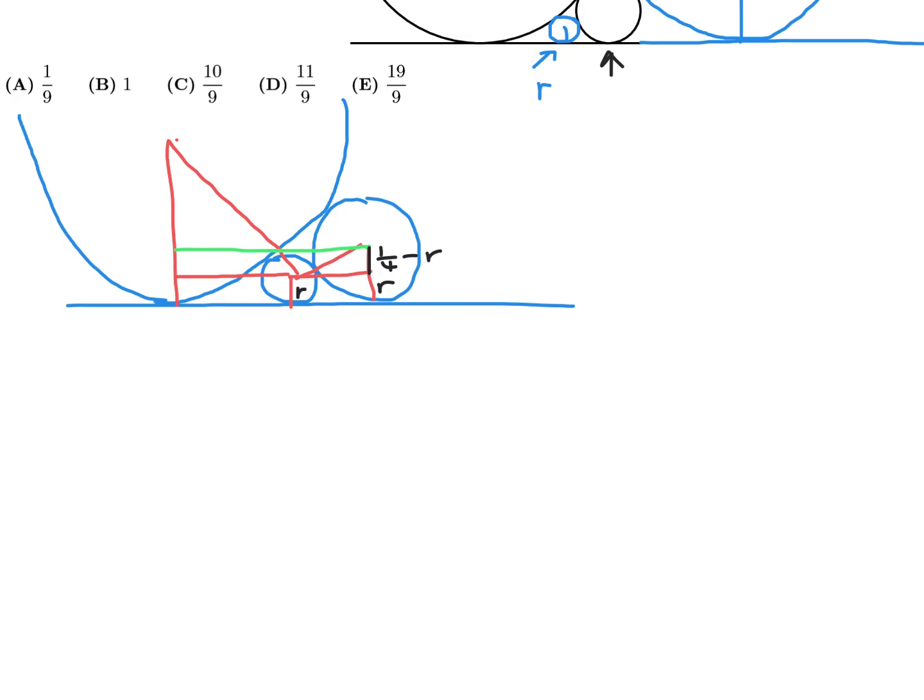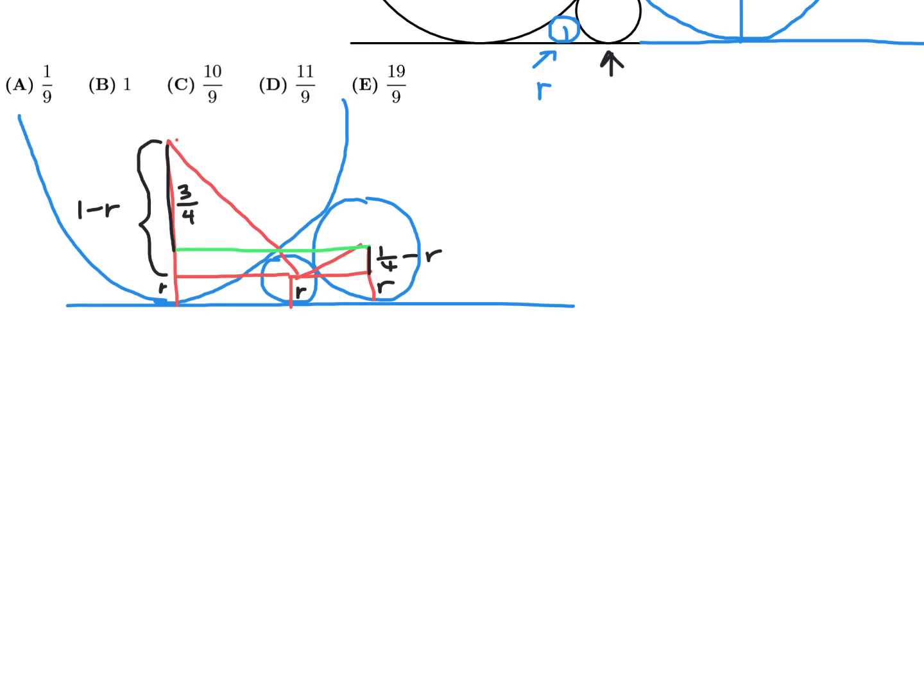And this is r. The radius of the big guy is 1, right? So from here to here would be 1 minus r. And then from here to here would be 1 minus a quarter, so that would be 3/4.